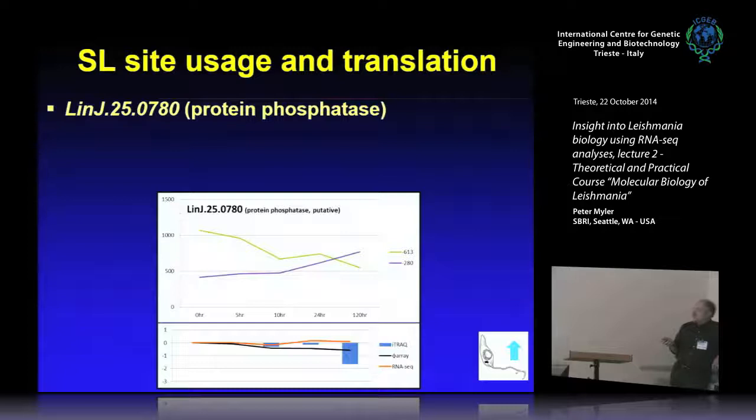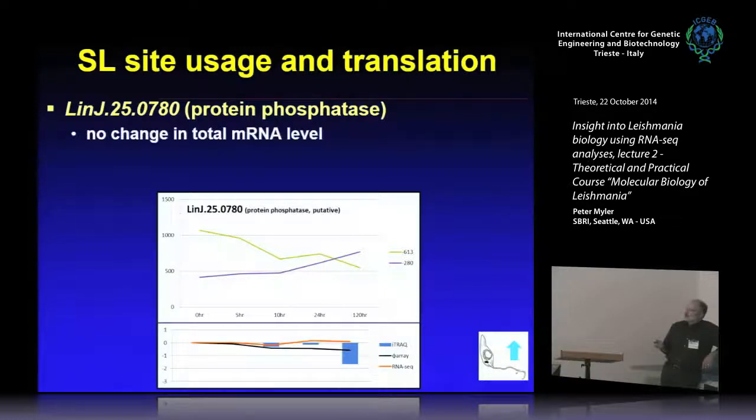So in this particular example here, this is a protein phosphatase, you can see that the RNA-seq data tell us that we go in promastigotes from a splice leader site that's further away from the ATG to one that's closer into the ATG. But you'll notice that the total number of reads here doesn't change very much, and the microarray gave us essentially the same answer. So there's really very little change in the total RNA level, but you're going from a splice leader site that's further away and moving into one that's closer to the ATG.